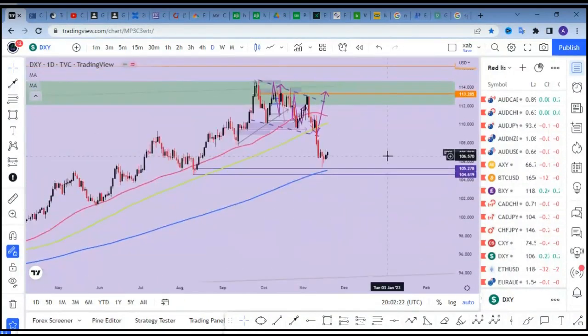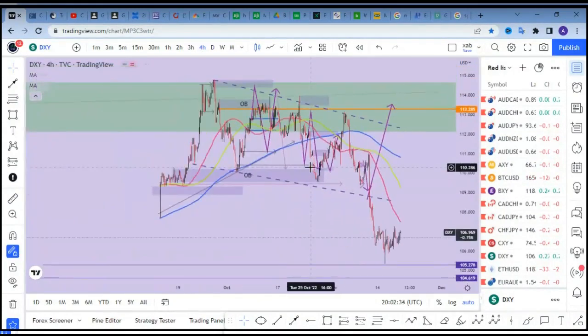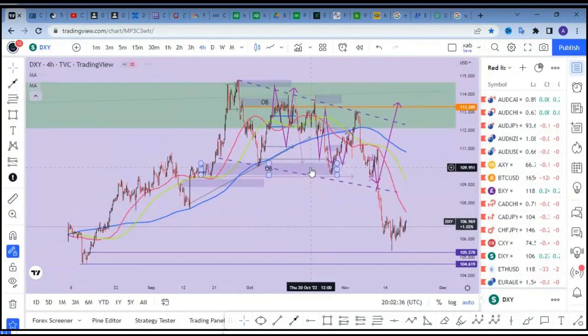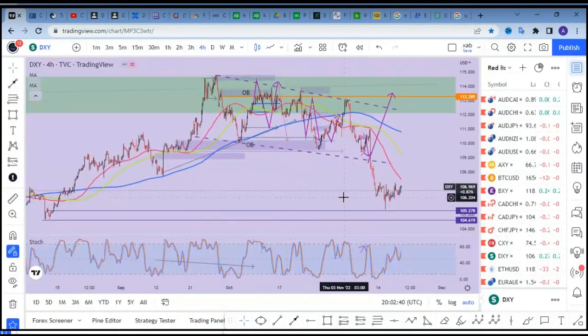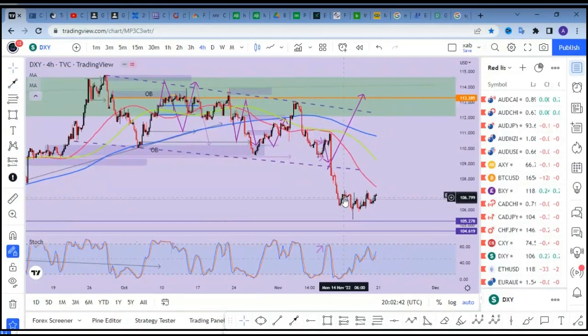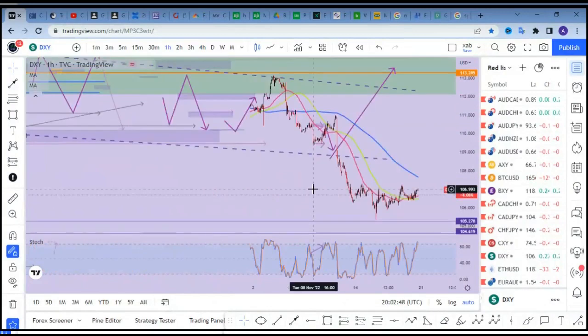All right, so I have the zone marked up on US dollar, and currently you can see that price almost tapped it. Okay, but that reaction that I'm getting from that zone is honestly not satisfactory enough. And that's why, considering the fact that, let me go to the 1 hour so that you can probably see this clearer.